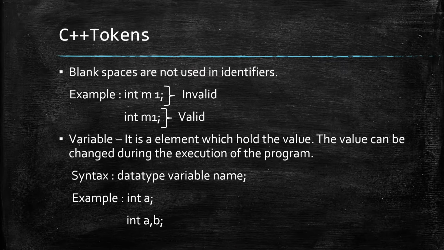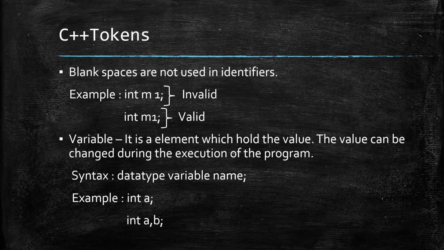If I write a semicolon, it does not take, because it doesn't know what type it holds, right? So syntax is data type space variable name. Data type has to be written, space should be given, and then variable name should be given. So the example I've given you: int space a semicolon.